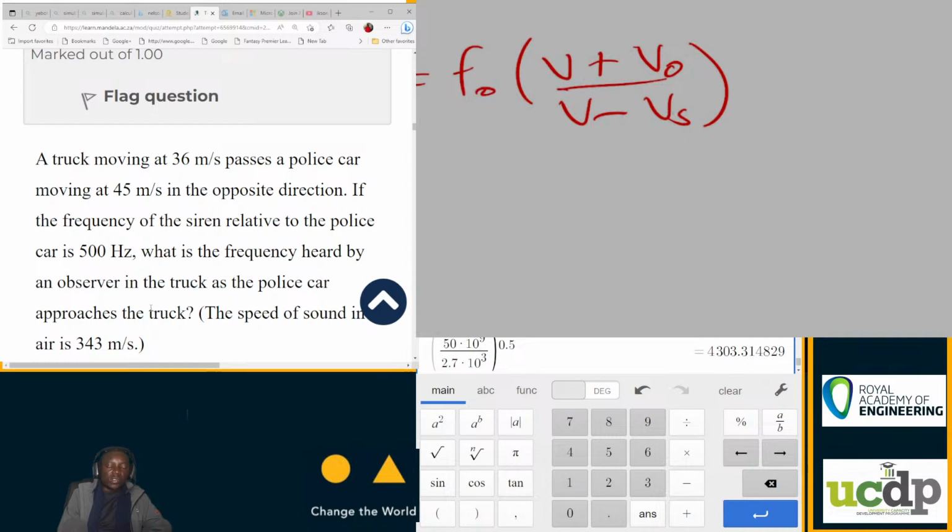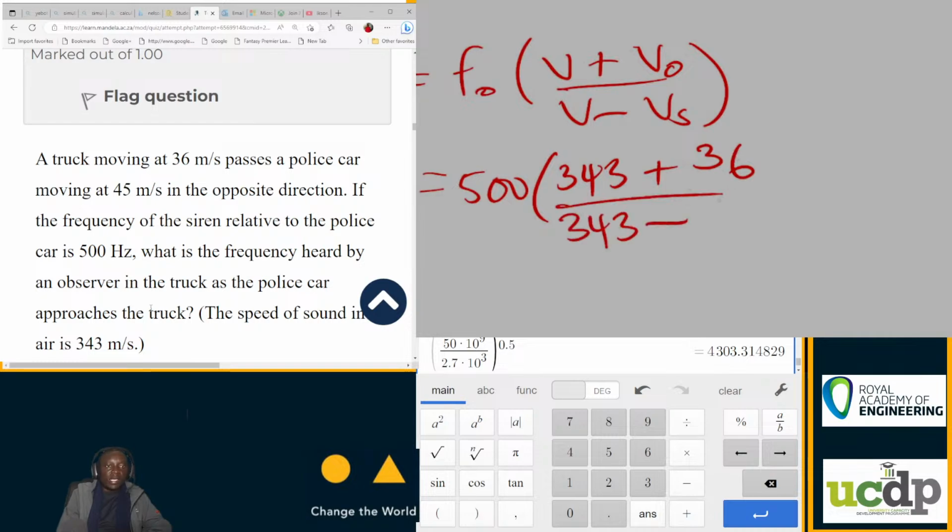So the source is also moving towards the observer. In this case, 500 times 343 plus v observer, 36 in the truck, over 343 minus v source, which is 45. And we can solve for that.